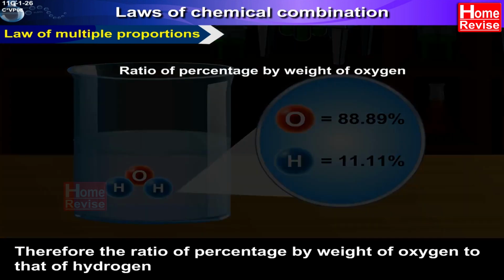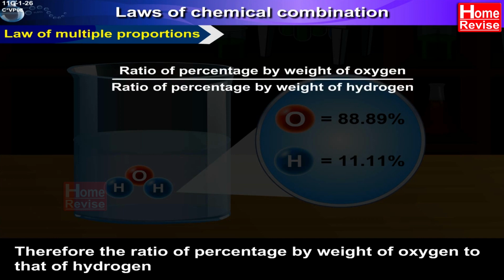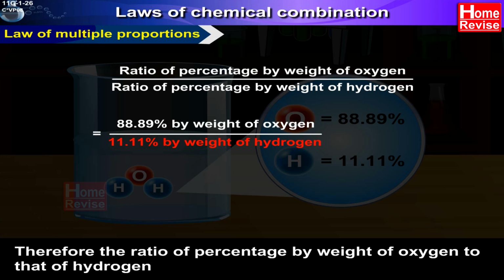Therefore, the ratio of percentage by weight of oxygen to that of hydrogen is equal to 88.89% upon 11.11%, which is equal to 8 is to 1.